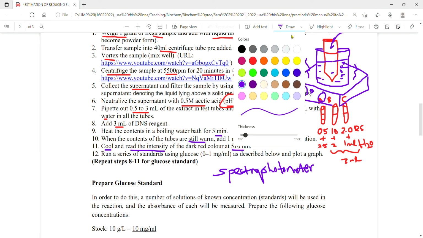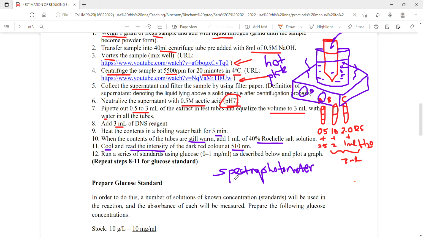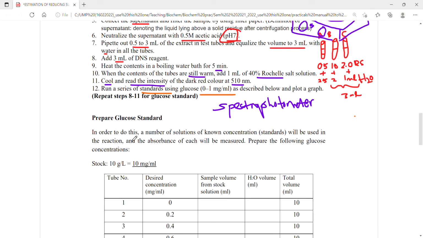Once our unknowns A, B, C are ready, treated with DNS, readily read on the spectrophotometer, now you have to build this standard of glucose. You have various known glucose concentrations, and find out their absorbance after treating them the same way that you have done the unknowns. This is to build the standard curve.